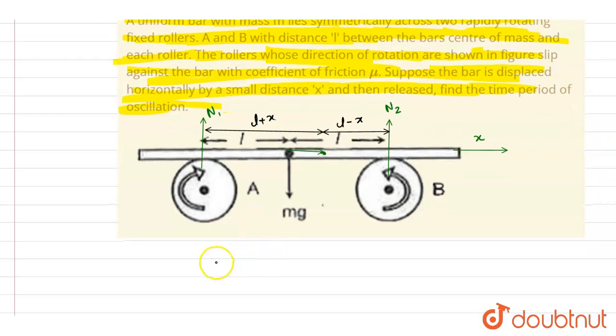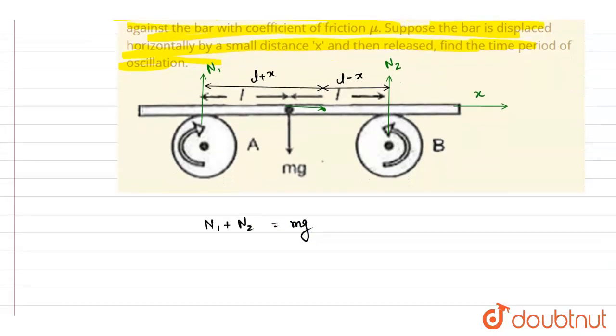So we will write N1 plus N2 equals mg. And the net torque, it is not rotating about this center of mass, so the net torque will also be 0.